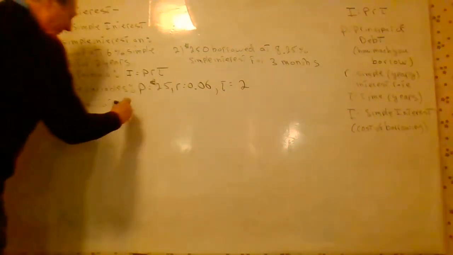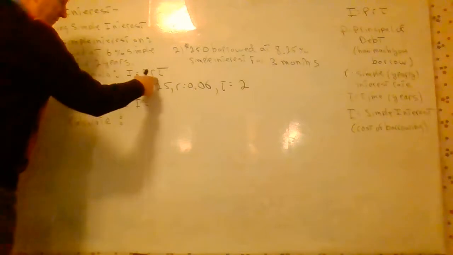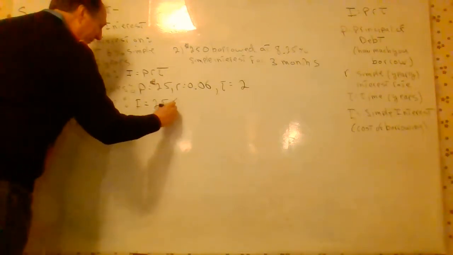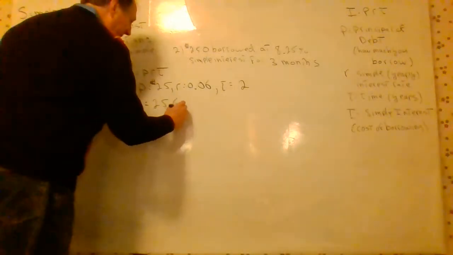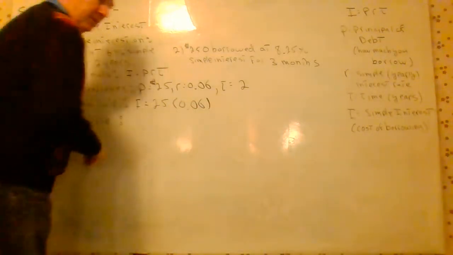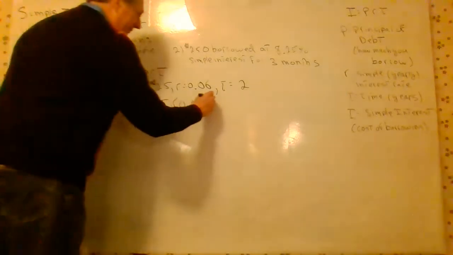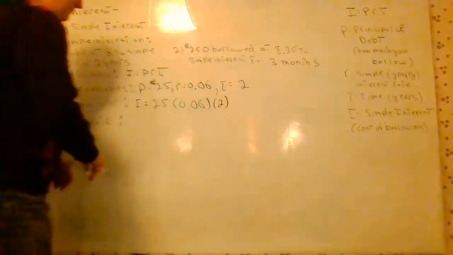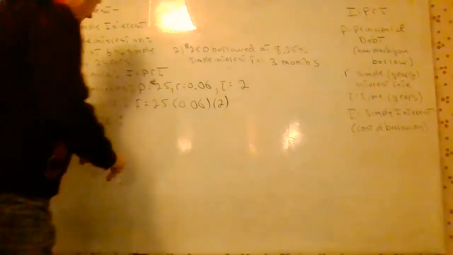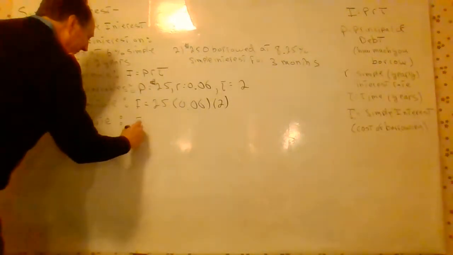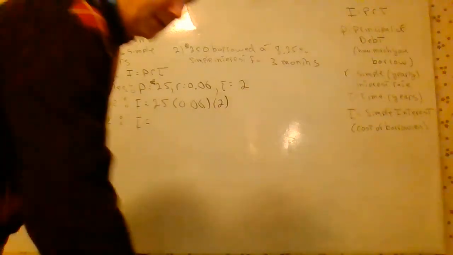Next, we substitute I equals, for P, we put in 125. You can leave the units off in the equation. For R, we have 0.06. And for T, we have 2. Okay, and then calculate. Organize your work.